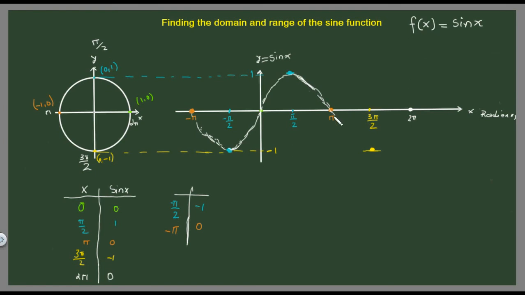Okay, and then dropping down to -1 and going to 2 pi, right here. All right, it's a little bit something like that. So this is actually how our sine function looks.